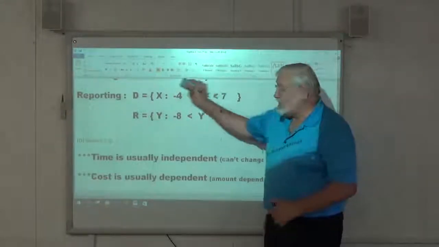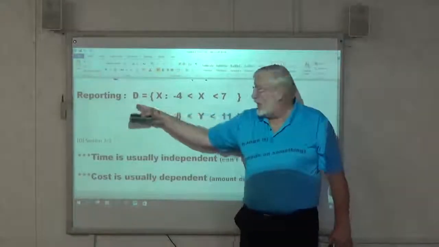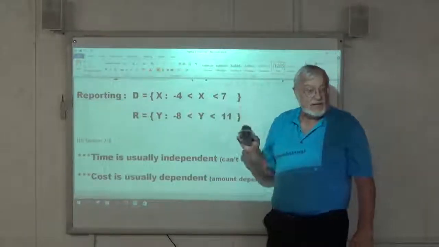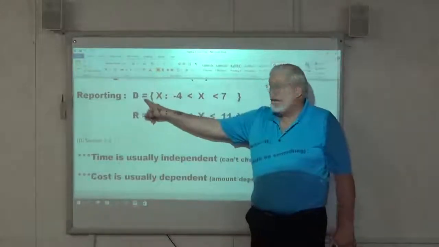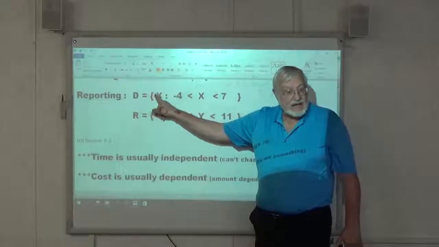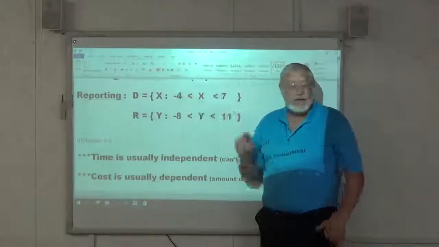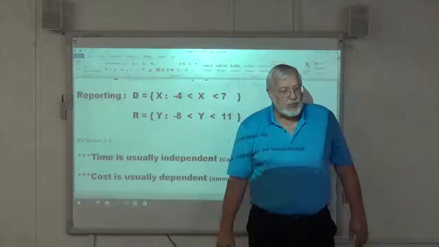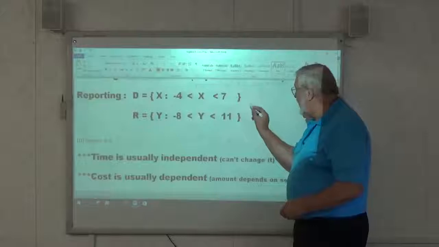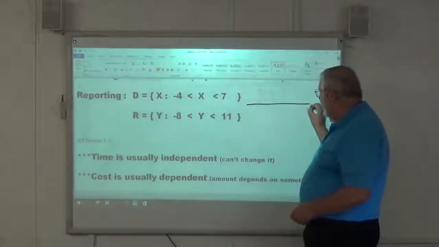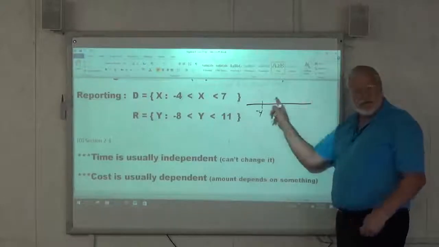Do you understand what we just did here? This is the definition of what this thing looks like. So if you see domain is the set of x's such that x is greater than -4, on a number line, where's that located? Wherever -4 is, the greater than part is over here.